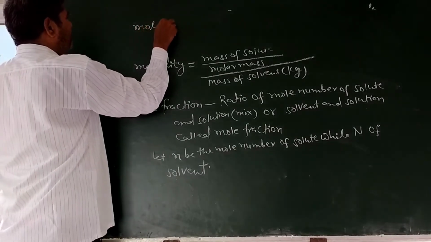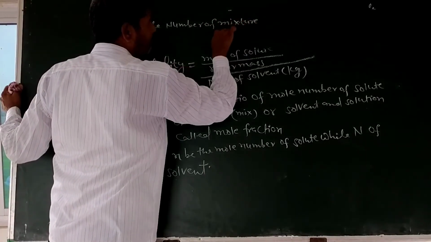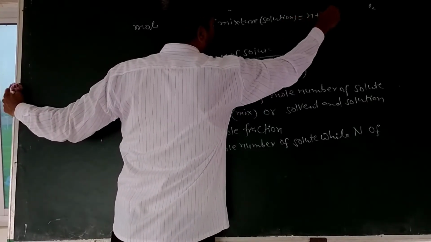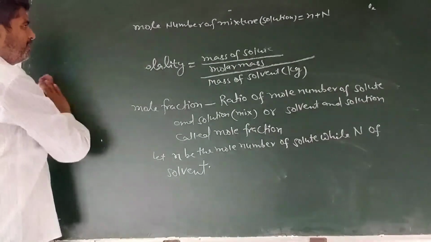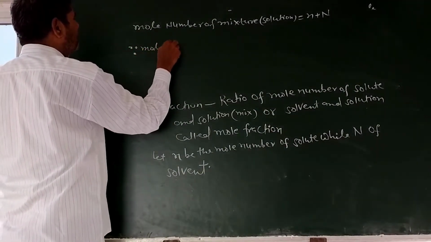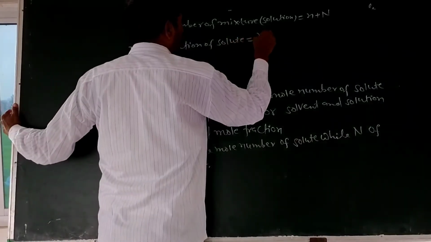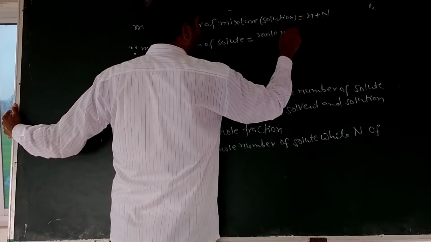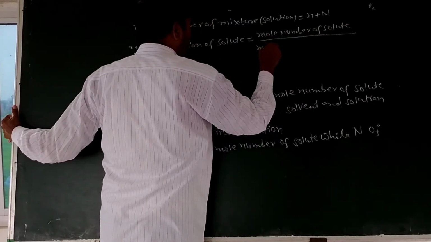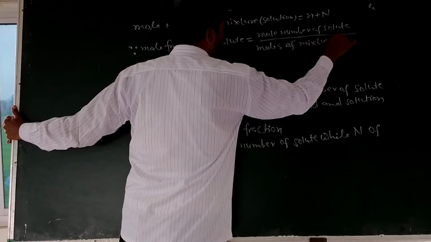Then the mole number of the mixture, mixture meaning homogeneous mixture or solution, will be equal to the sum of both, n plus N. Mole fraction of solute is the mole number of solute upon moles of mixture, that is solution.